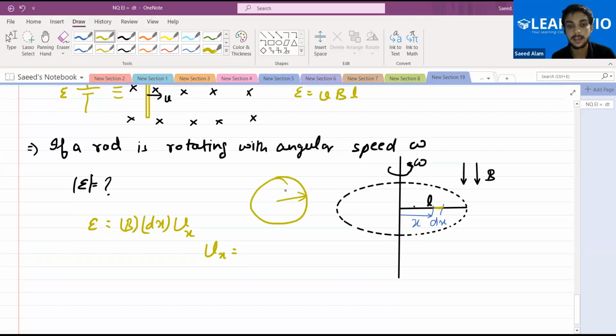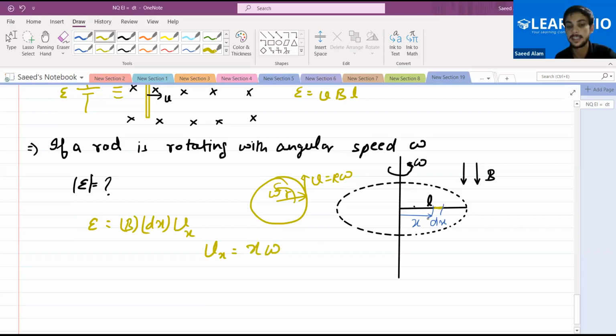If a particle at a distance r is moving with an angular velocity of omega, it will have a velocity v equals r omega. You must have learned that in 11th class circular motion. So Vx will be actually x into omega.